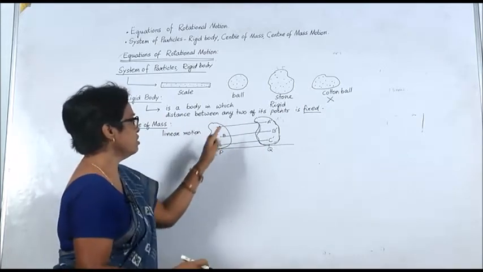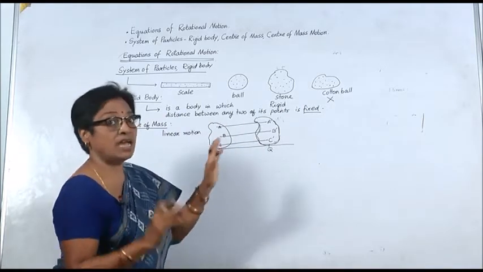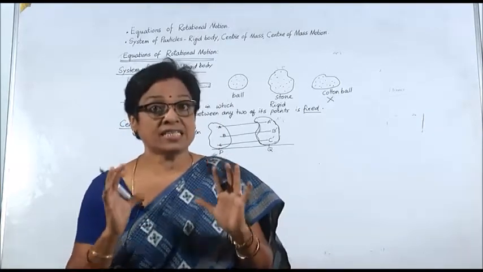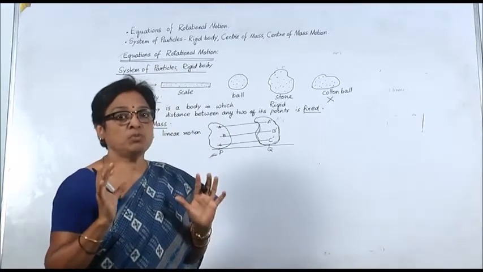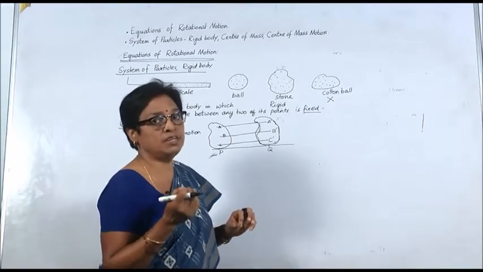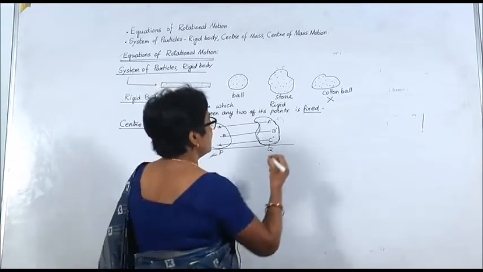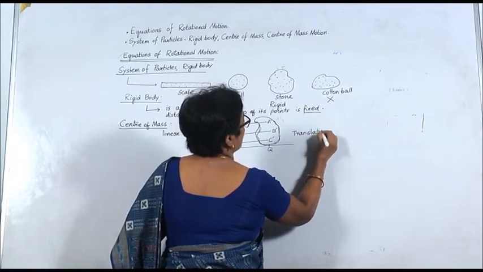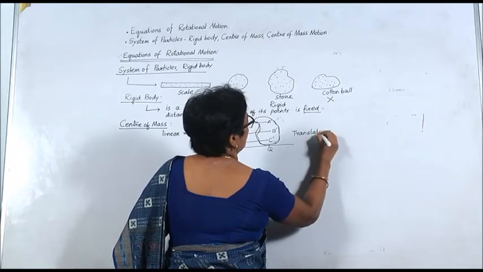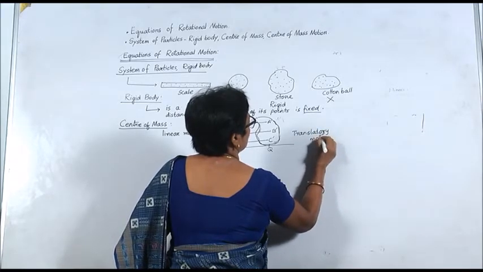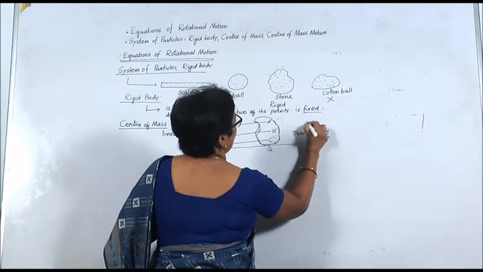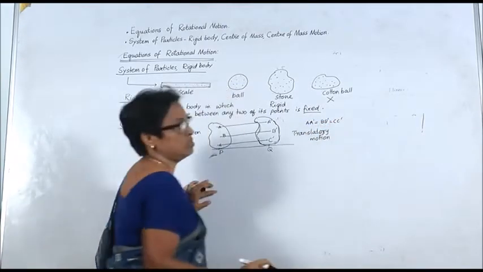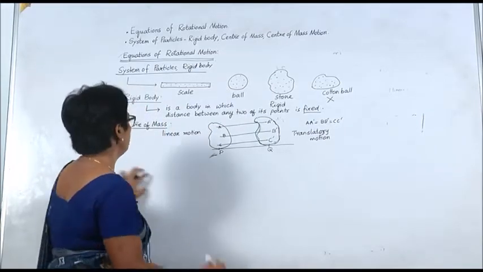That means AA dash, BB dash, CC dash are the same. So then we will say that the rigid body has undergone a translational motion. In the case of a rigid body, we usually talk not about linear motion, but about translatory motion. So the distances are the same, each point moves through the same distance, then it is a translation motion.